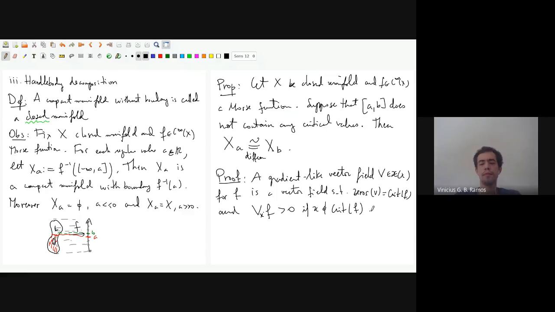Okay? So it's a vector field that increases the value of the function. That's what a gradient-like vector field is.